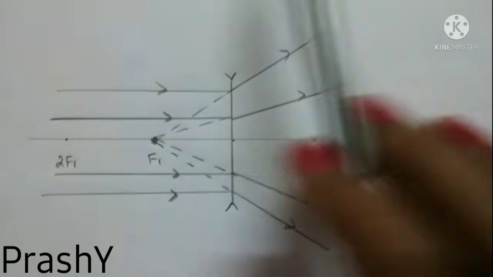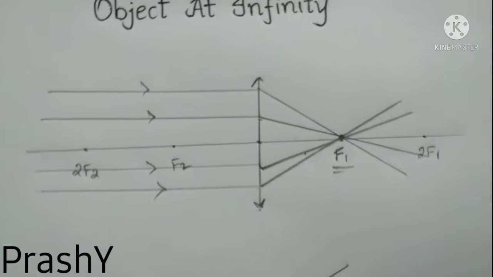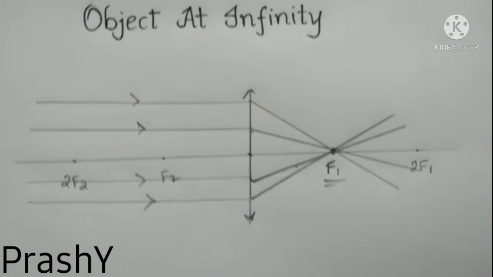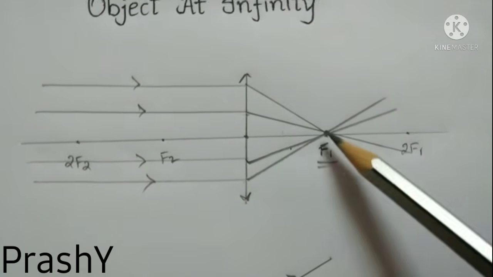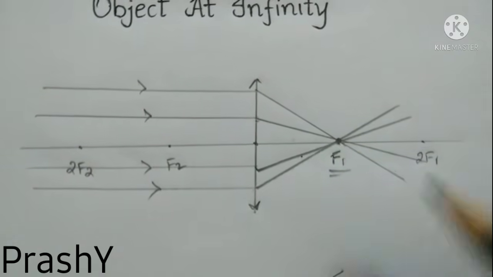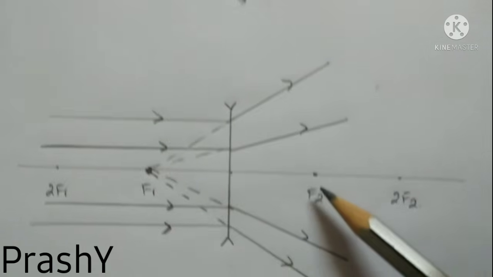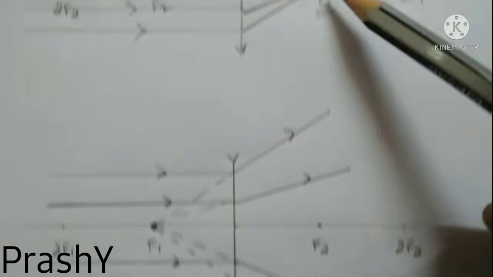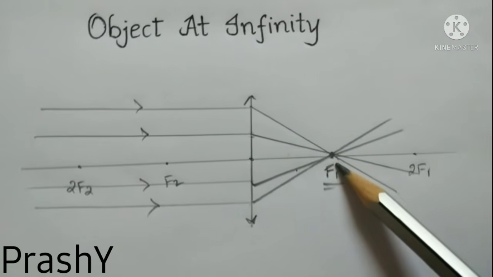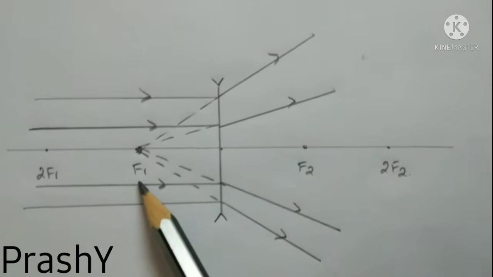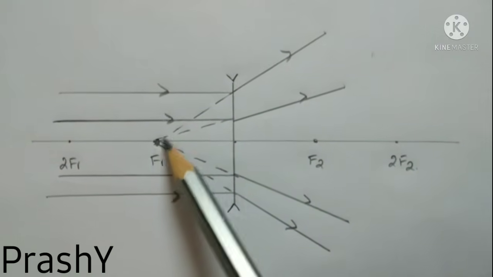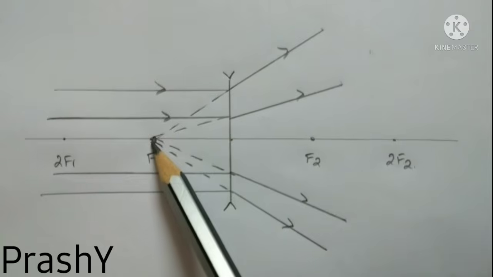When the object is at infinity, a parallel beam of light falls on the lens, and the rays converge for a convex lens and diverge for a concave lens. Here the image is formed at focus, here also at focus, and here also at the focus. But here this focus is a virtual focus.